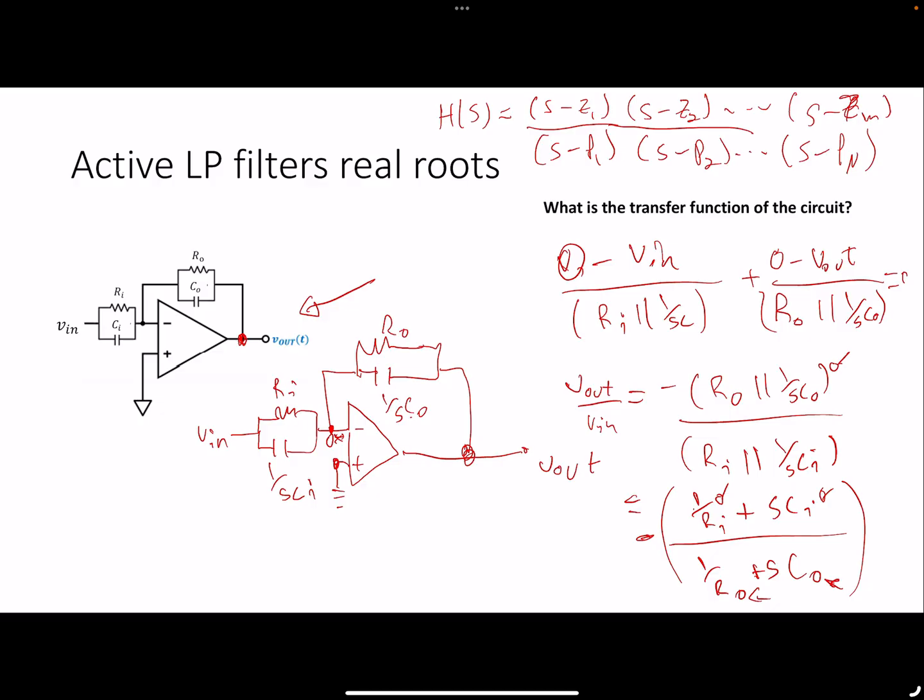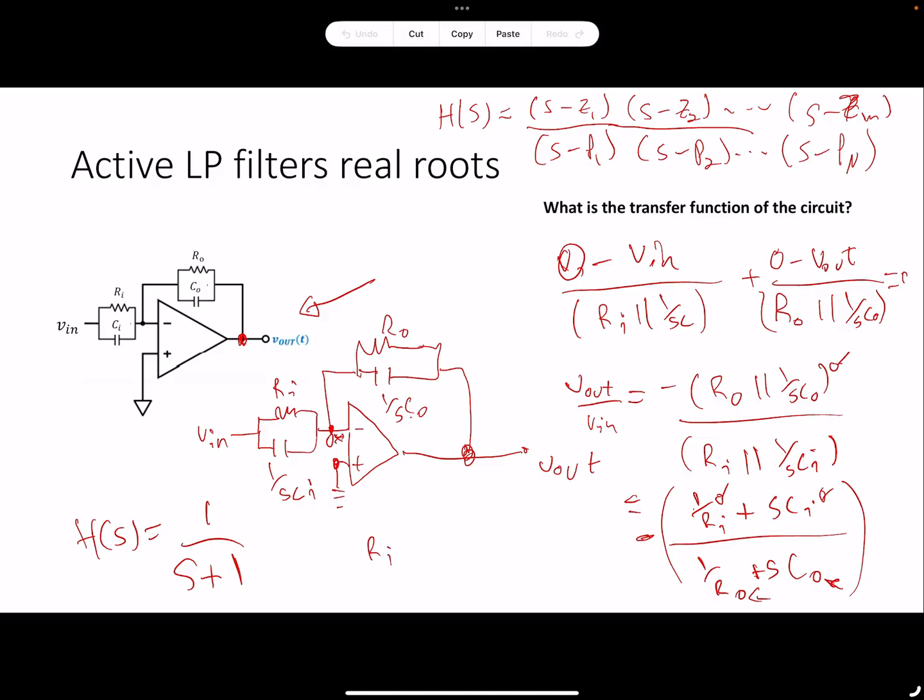So let's say I want to design an H of s equal to 1 over s plus 1. What would I choose for Ri and Ci? Yeah, basically you choose Ri equal to 1 ohm, and then you choose Ci equal to 0, so you just don't put a capacitor on the input side.